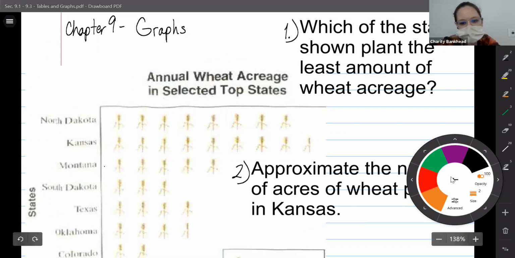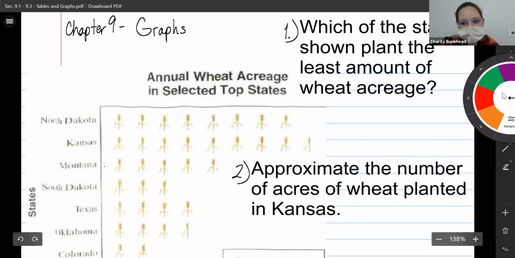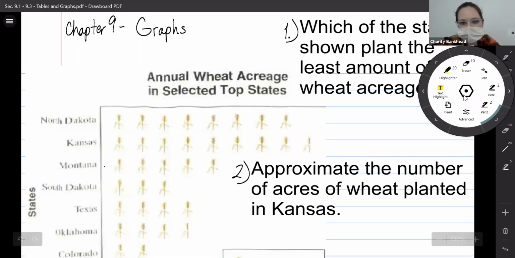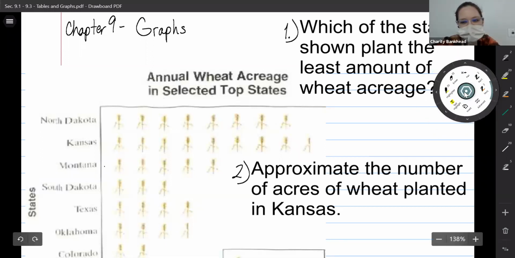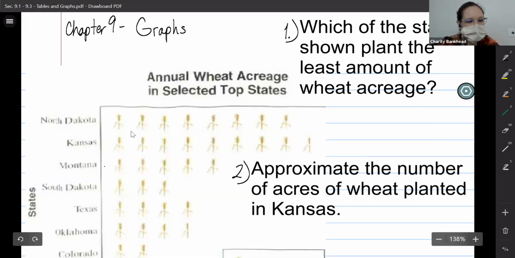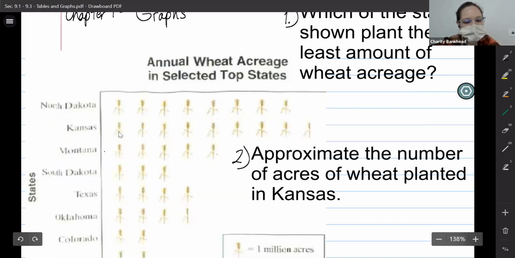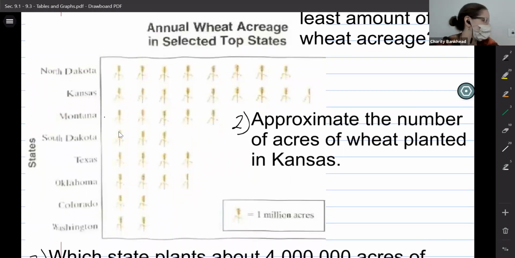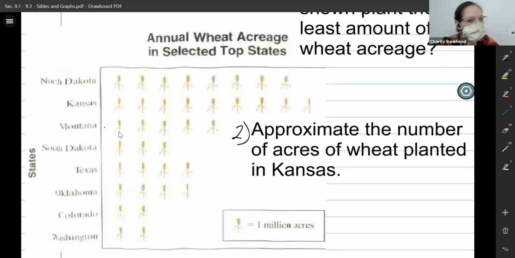Okay, so this first is a pictograph. And so each one of those little pictures, it's supposed to be a picture of like a stalk of wheat. And there's a key down at the bottom of it, which says that each one of those pictures represents 1 million acres of wheat.